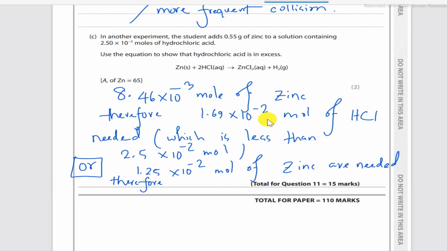So 0.83 gram of zinc is needed. Total for question 11 equals 15 marks. Total for paper 1 is 110 marks.